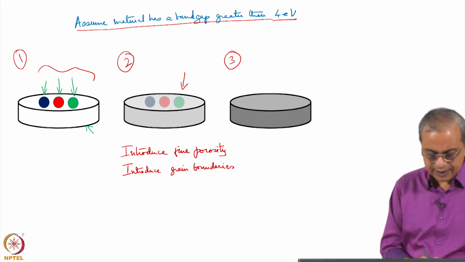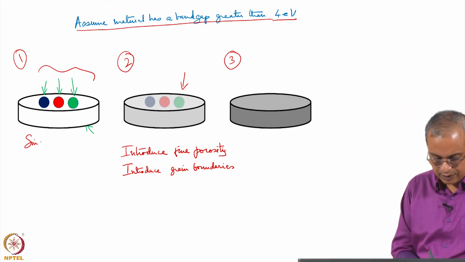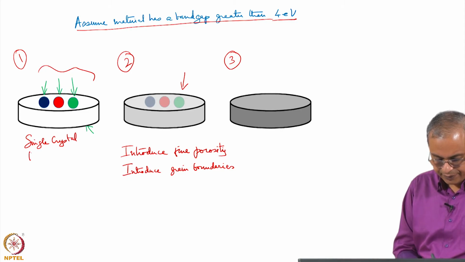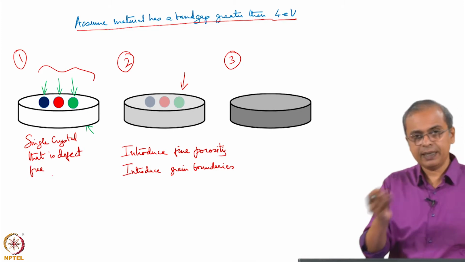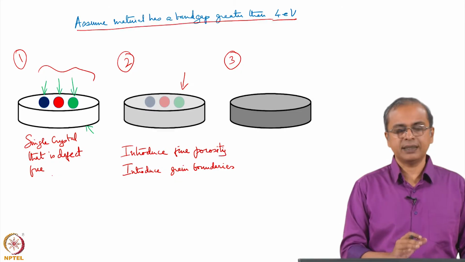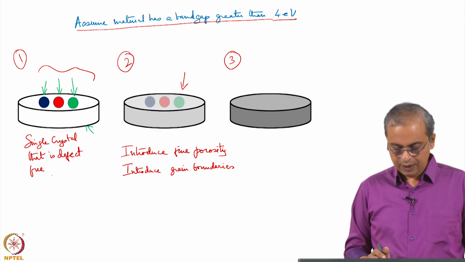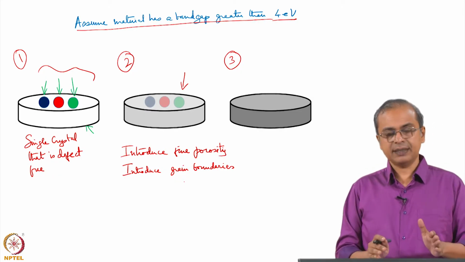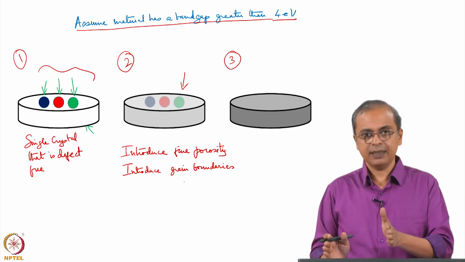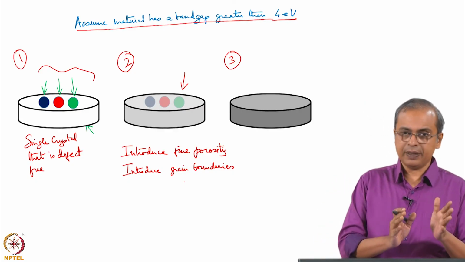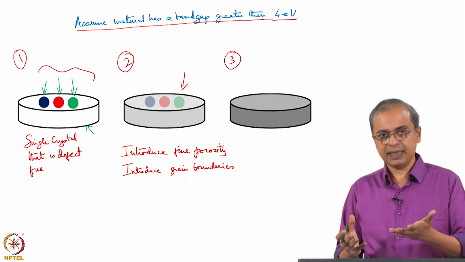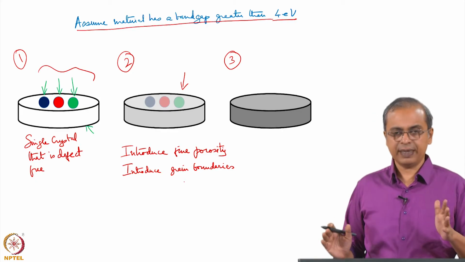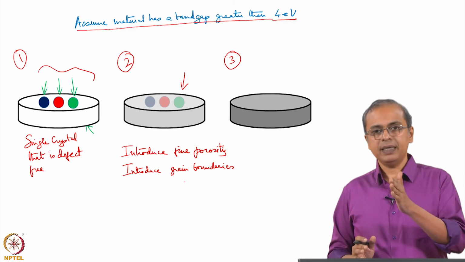So, a single crystal that is defect free, meaning it does not have porosity, for example. A single crystal that is defect free will be transparent. If you take a single crystal and introduce porosity in it, or you take the same material and make it a polycrystalline sample with some limited number of grain boundaries in it, you can make the material translucent.